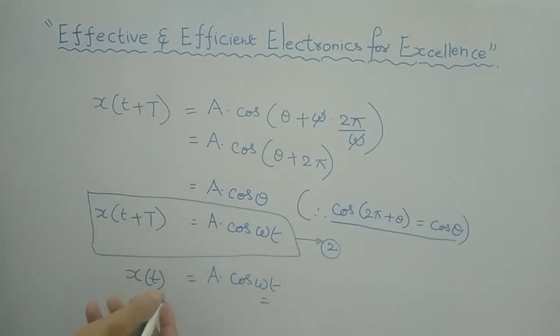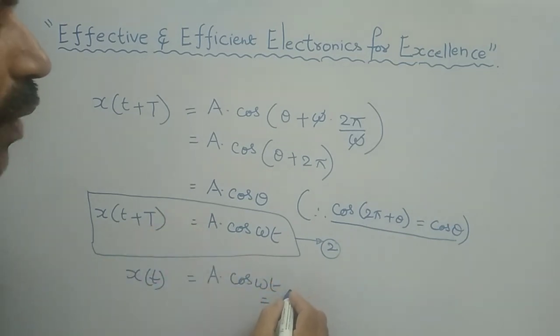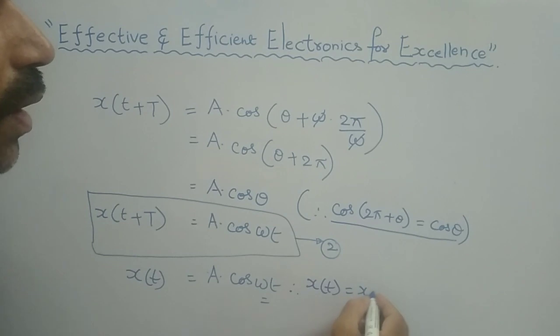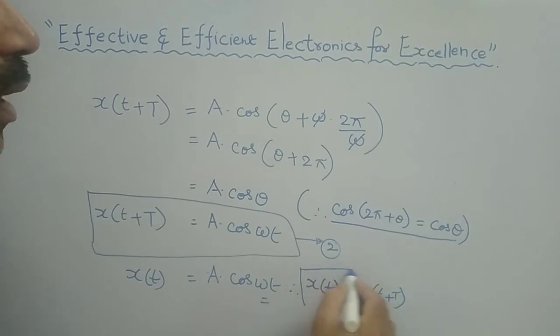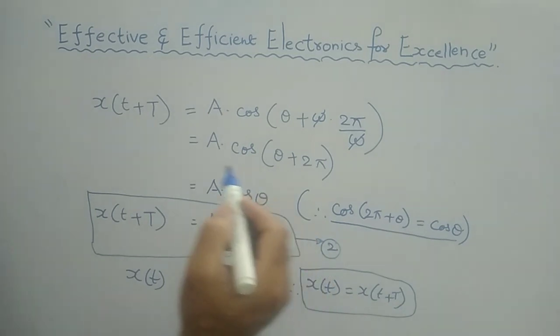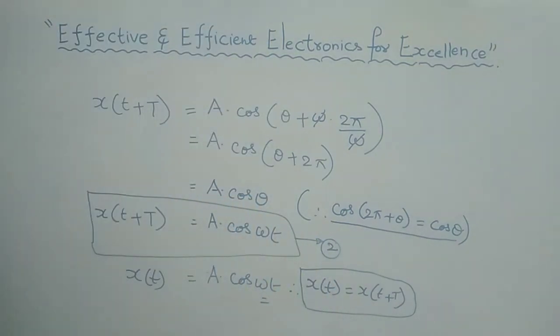Therefore, both are equal. That means your x of t is equal to x of t plus capital T. Hence, a cos omega t is called a periodic signal.